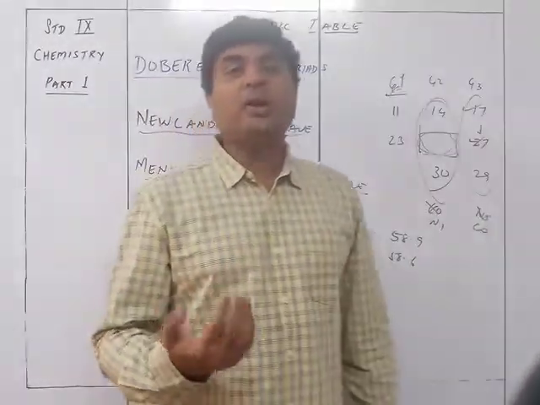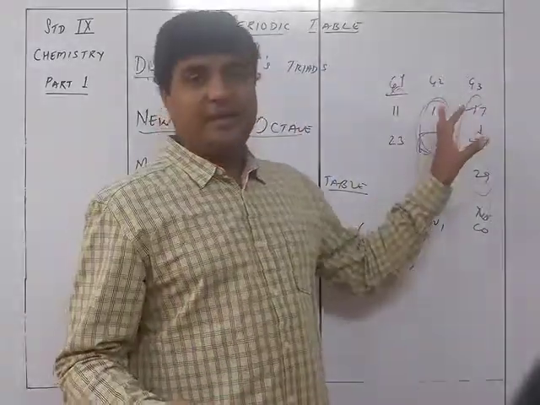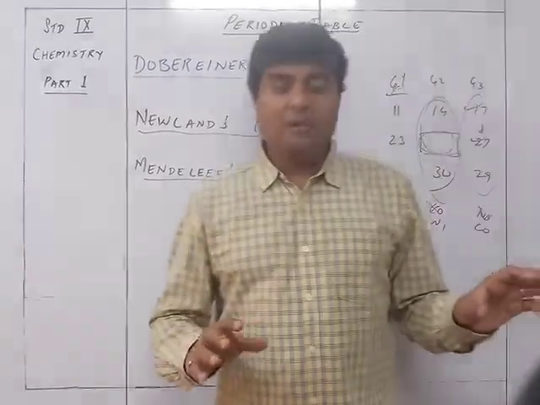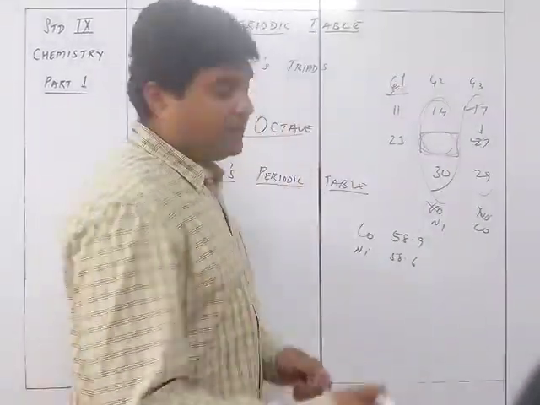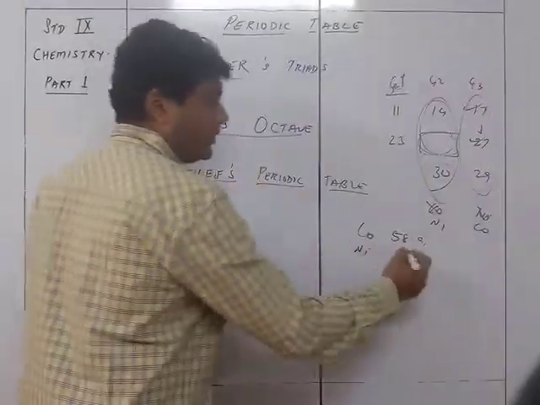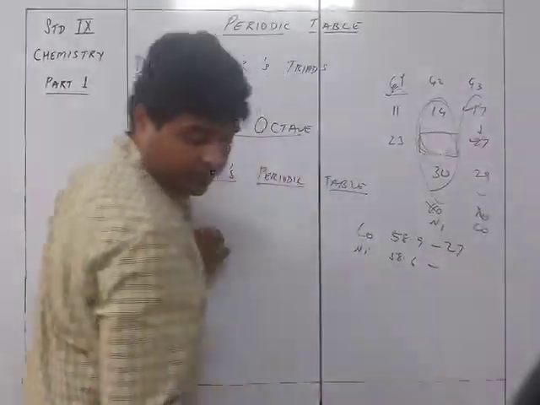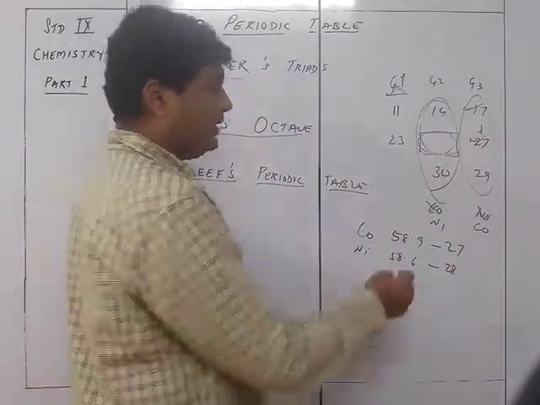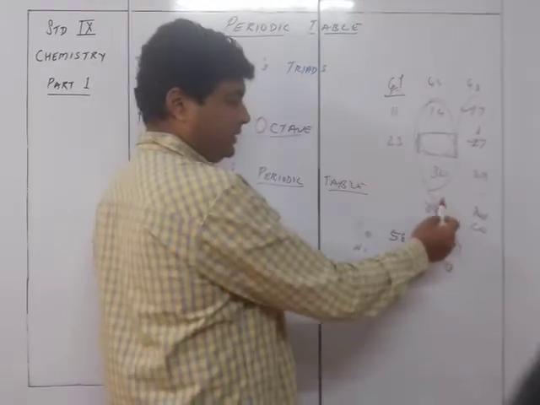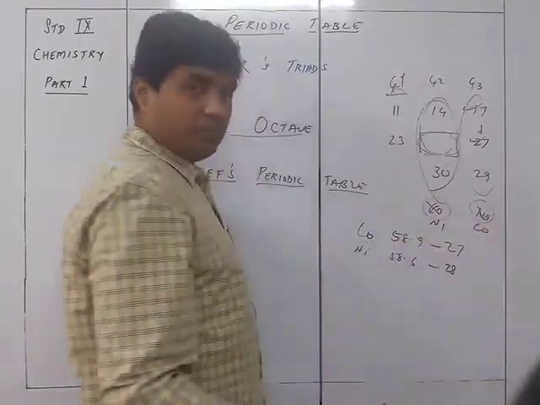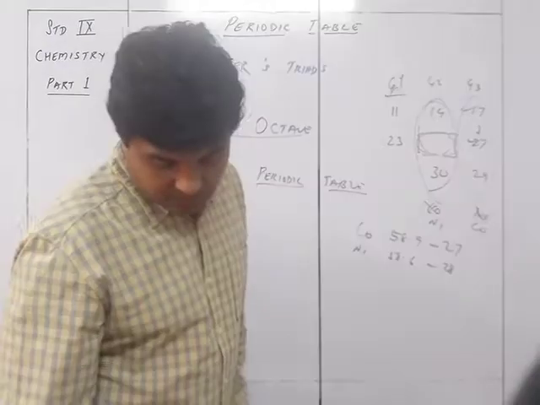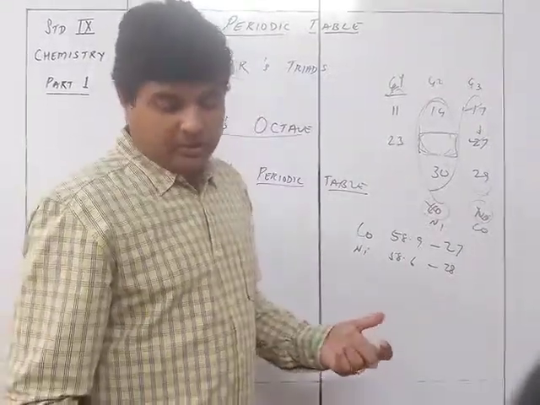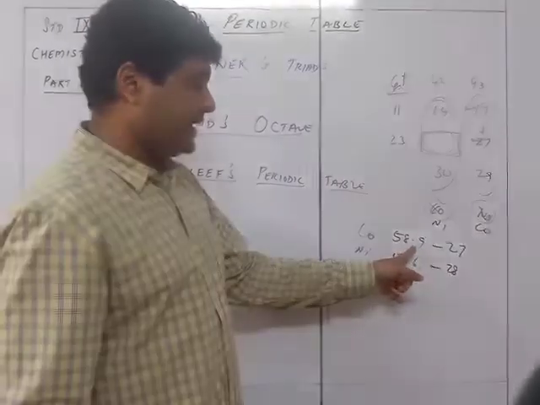The problem got sorted out when the periodicity was not dependent on the atomic weight but was taken on atomic number, because now cobalt is 27 and nickel is 28. One sec, I think I took it the wrong way earlier. You can see this is greater and this is smaller.